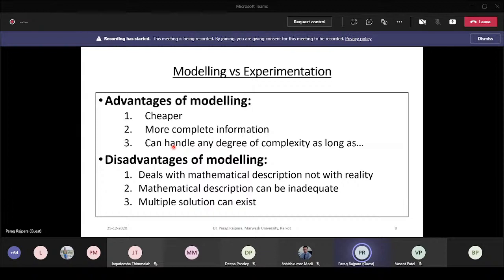Apart from that, you have to represent the physics of the problem by applying the proper boundary conditions. If you want accurate results, if you want more realistic solutions, you need to take care about these parameters: the boundary conditions, the property data, and the governing equations and models which are appropriate for your problem.